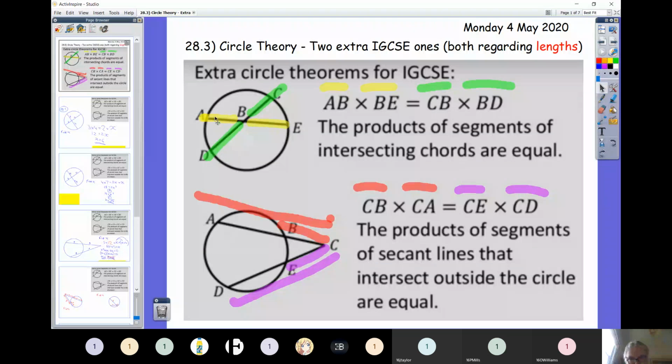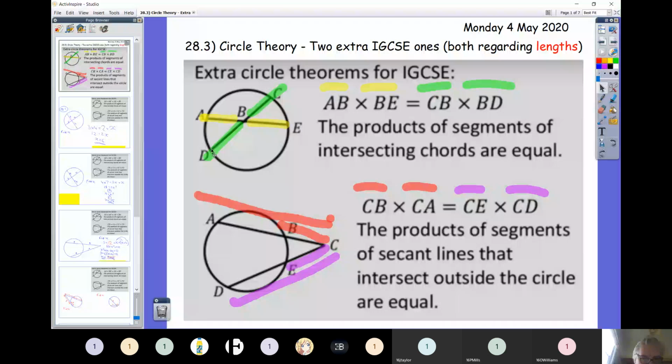So AB multiplied by BE equals CB multiplied by BD. That's quite an easy one to remember. It's just the two parts of the line multiplied together equal the other two parts multiplied together.